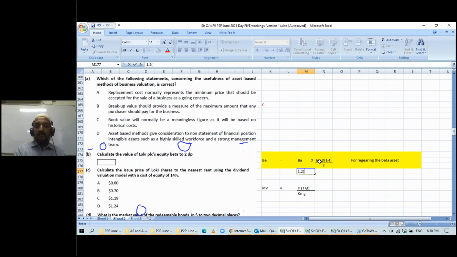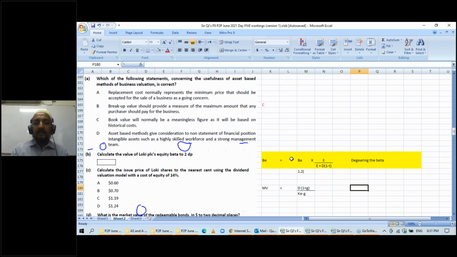Students, the formula is to be used for de-gearing the beta. The formula is as follows: value of E upon E plus D(1 minus T). Let me explain this question.